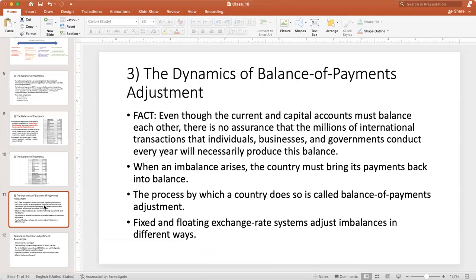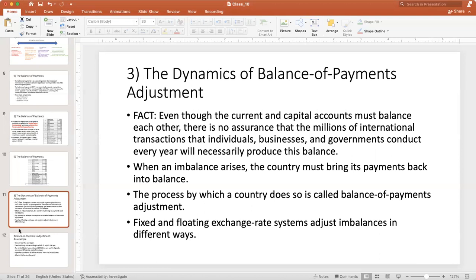Because they know that it is very difficult to balance the current and capital accounts. So when an imbalance arises, the country must bring its payments back into balance. And the process by which a country does so is called balance of payment adjustment. However, this adjustment depends on whether the country has a fixed or a floating exchange rate system.